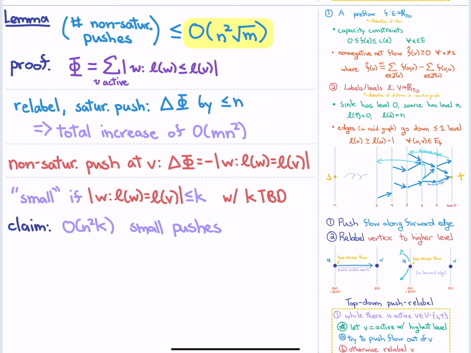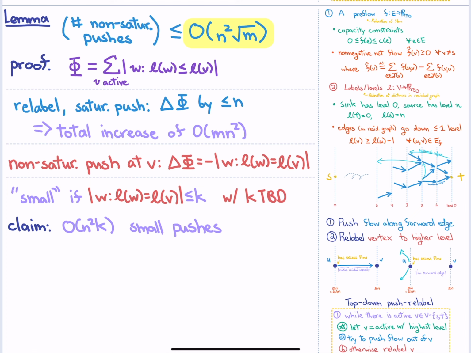So each small push takes one of these vertices and gets rid of all the flow underneath. Originally there's at most k of these active vertices, because there's at most k vertices at that level. And each iteration, you get rid of one, so you can at most have k until you've used up all the vertices at that level.